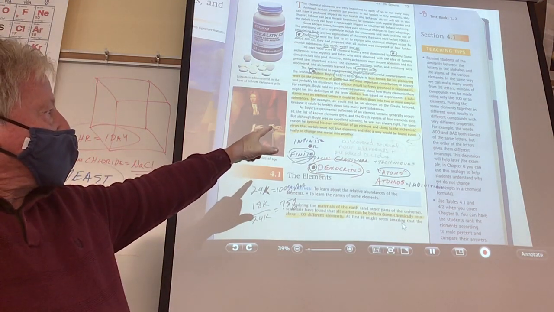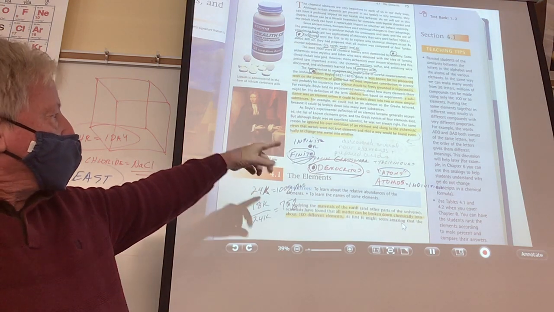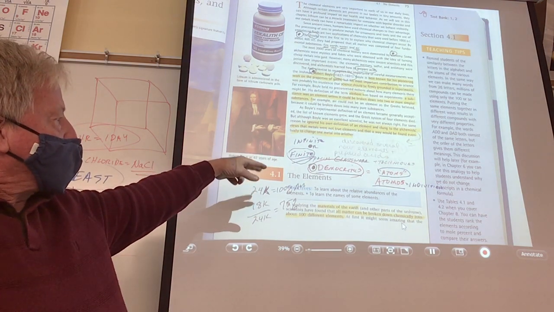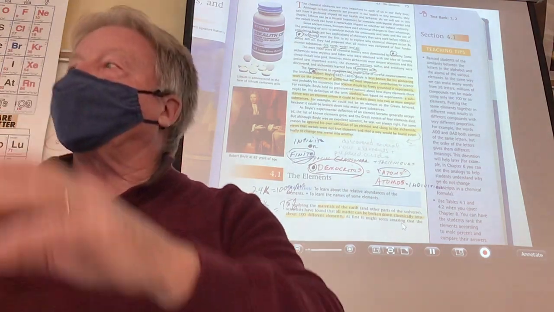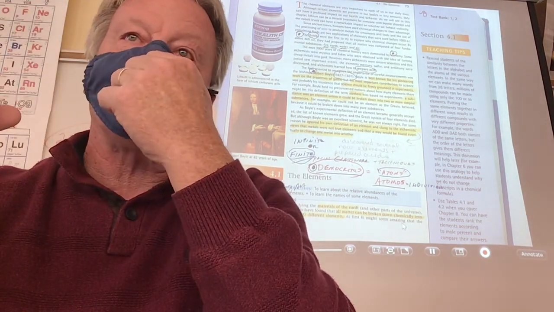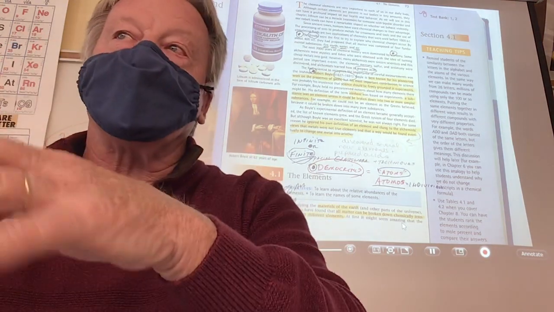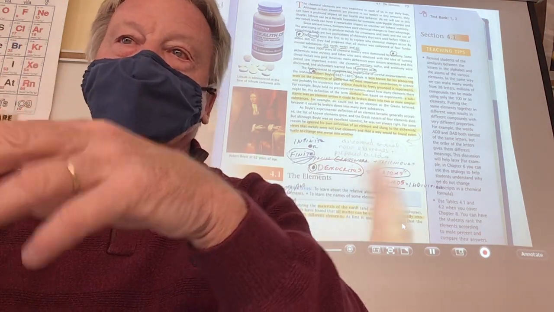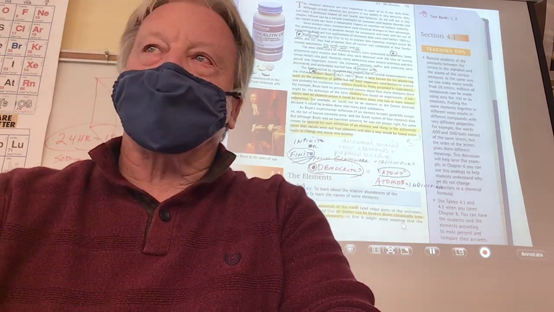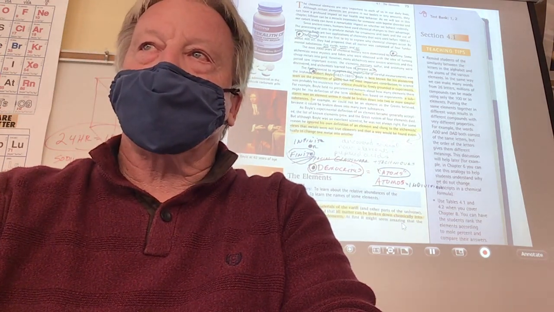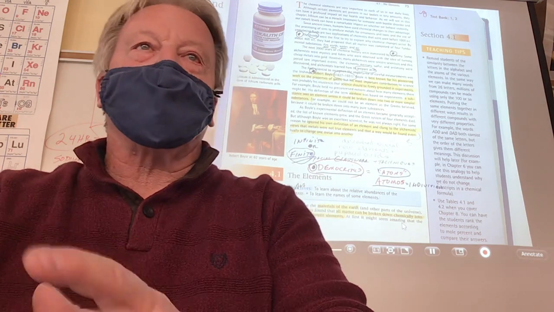Anyway, we go on down here, and I'll probably just go to one more scientist, but that might be enough for today. Well, this is kind of a background of getting closer and closer to what things are made of. Remember, nobody knew like you do. If you went back in time and said, don't you know about atoms? Don't you know about chemical reactions? What do you mean? There are a lot of things they wouldn't have known.